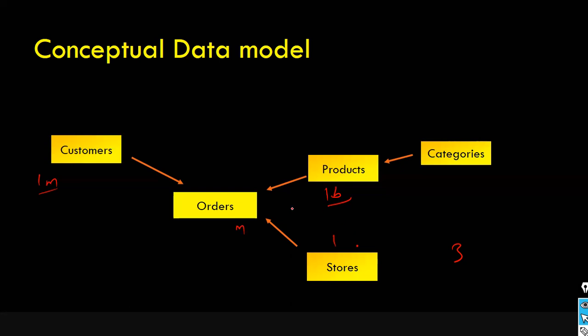For all the stores, the customers and orders are raised, so the relationship is 1 to many. And categories and products: can you say 1 to 1? No, it's 1 to many. A single category can have more than one product. So the relationship here is 1 to many, here is 1 to many, and here 0 or many, 0 or many.